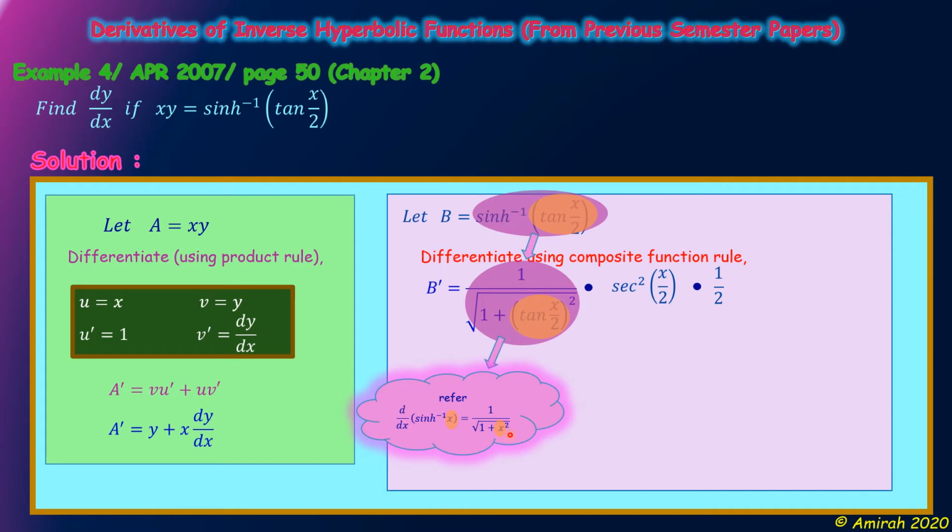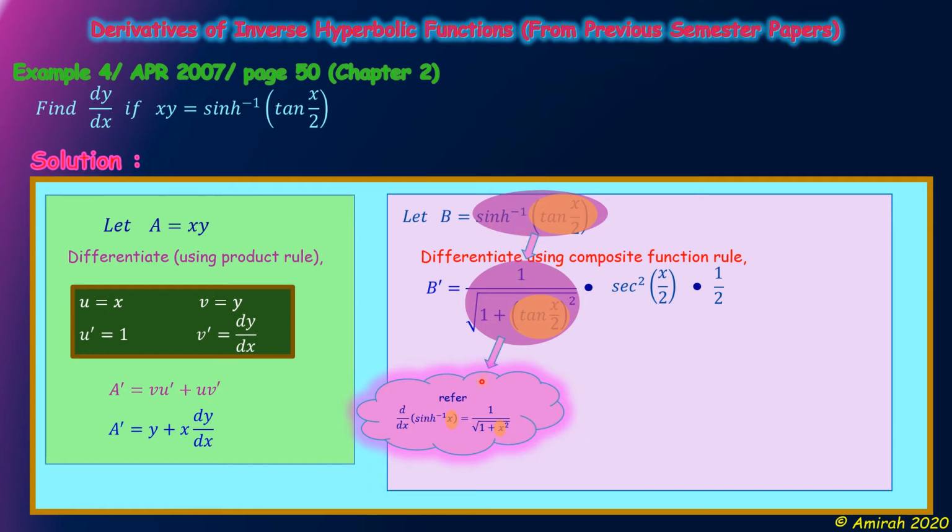So what we need to do is copy 1 over square root of 1 plus, from this formula, and then replace x by tangent x over 2, because we need to differentiate the function inverse sinh.